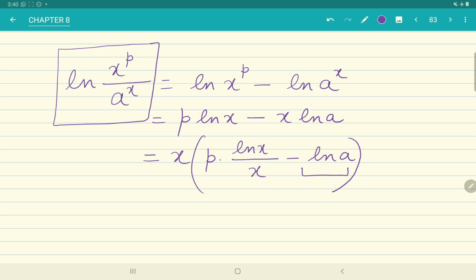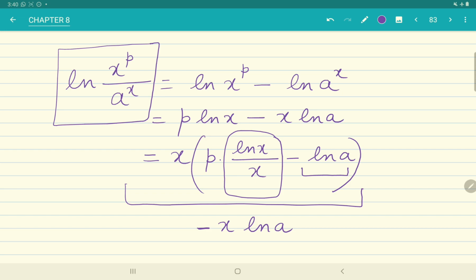If somehow I prove that ln x by x tends to 0 as x tends to infinity, then this whole expression will tend to minus x ln a, and that means this whole expression will tend to minus infinity because x tends to infinity and ln a is greater than 0. I already know that.